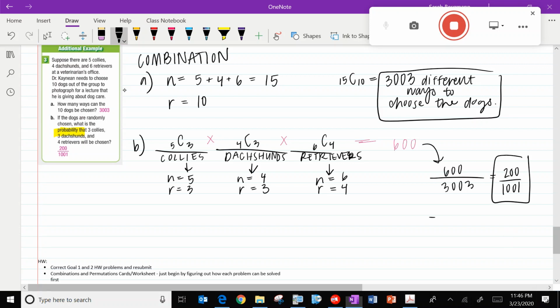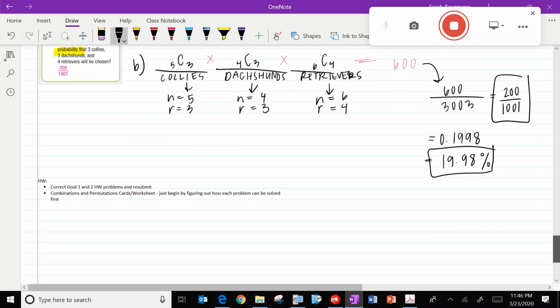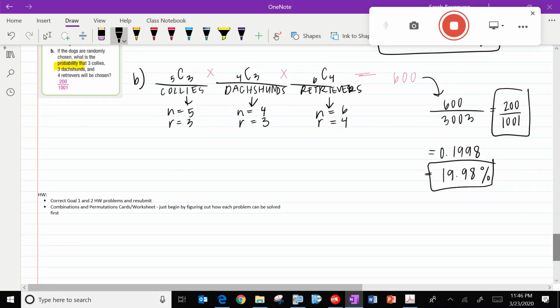That as a decimal is 0.1998. So as a percent, that is about 20%, 19.98% probability. Either one of these answers is great.